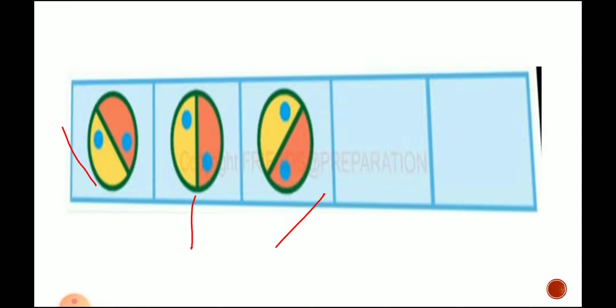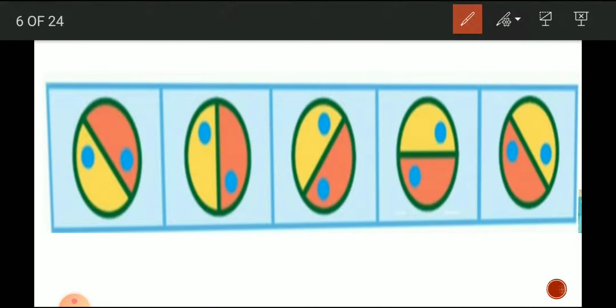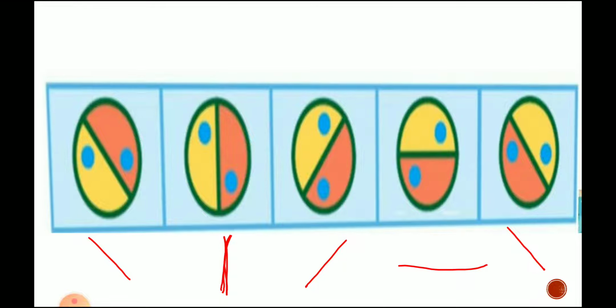Let's see. First it comes as cross, then straight, that is vertical. Then again the next picture will become horizontal. Then again it would come crossed.